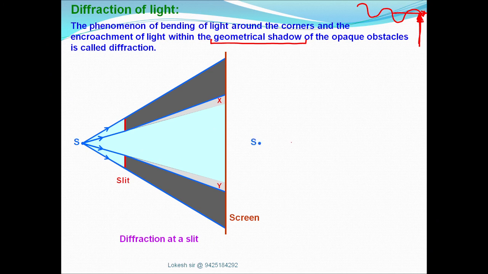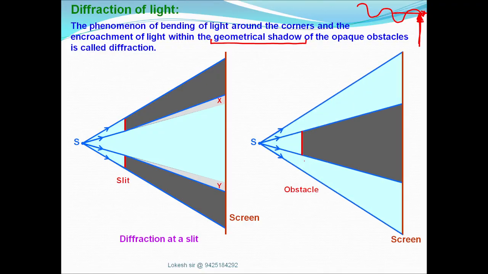Now see another way. This is again your source, and this is an obstacle. Previously it was a slit, because a slit is the opening for a source, and this is an obstacle. Clear? Now if this is an obstacle, you blow a light beam here, then your pattern should be like this. So here is the light area, the visible area, and this is the black area, means shadow area.